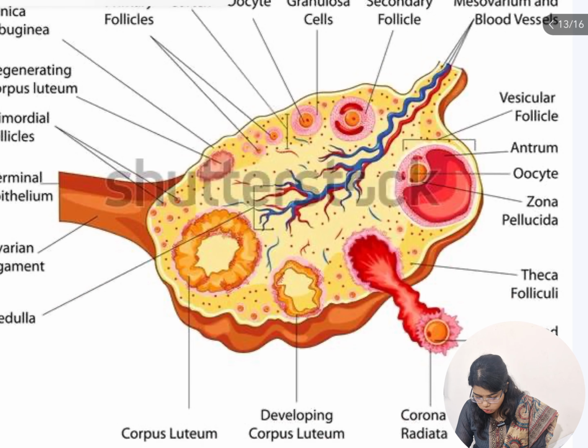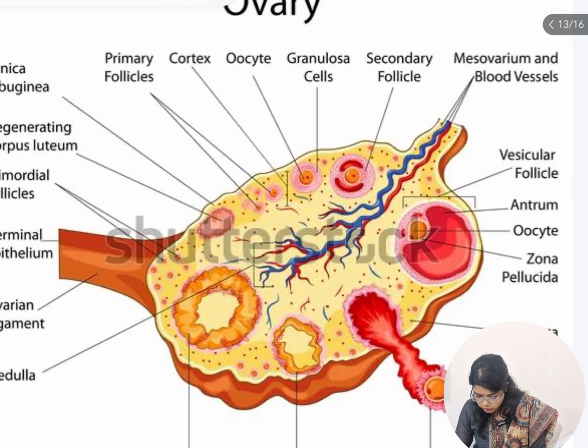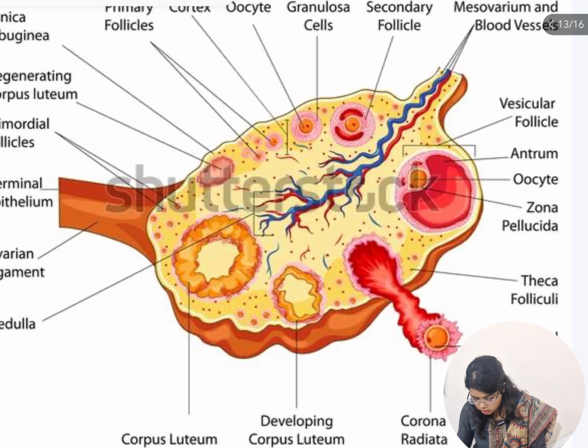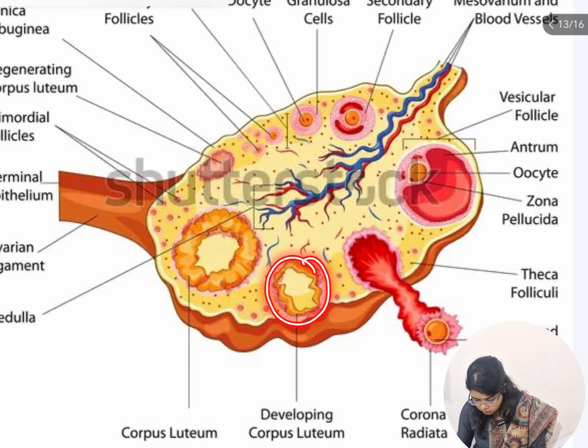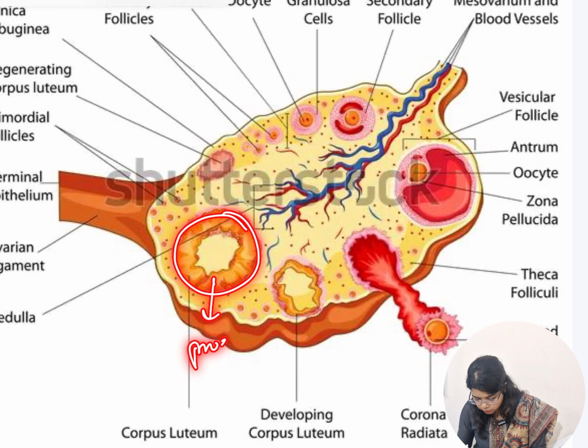First the primordial follicle, then the primary follicle, then the secondary follicle, then the Graafian or mature follicle with oocyte in it. When ovulation happens, the corpus luteum forms, and the mature corpus luteum secretes progesterone.